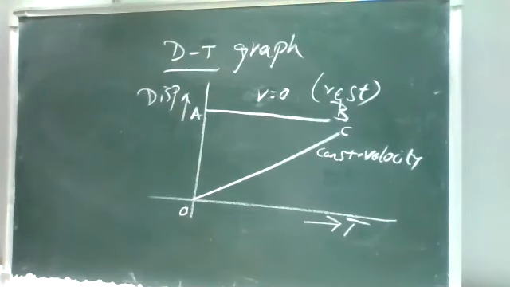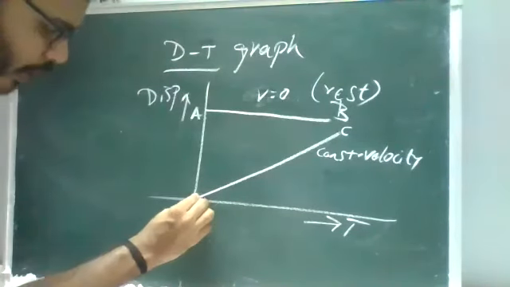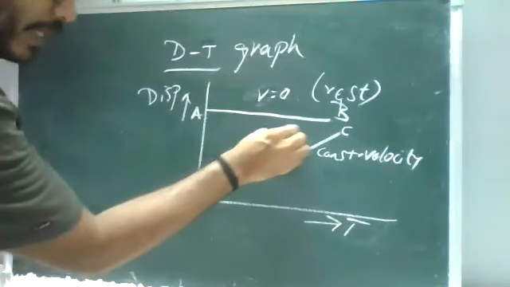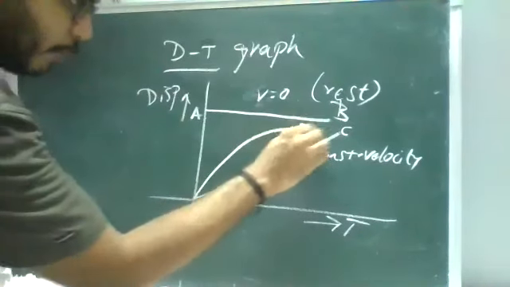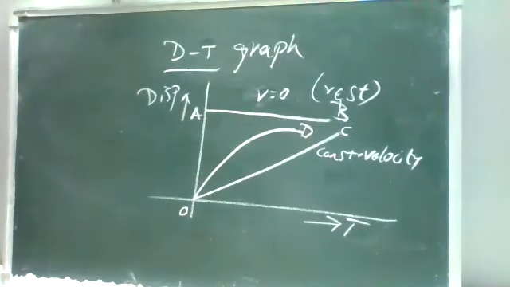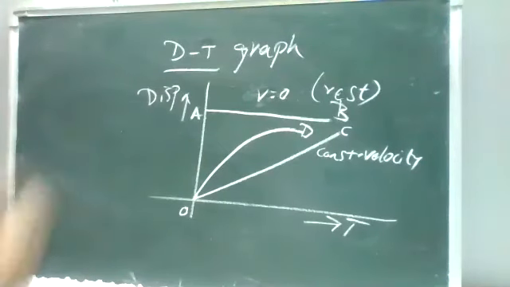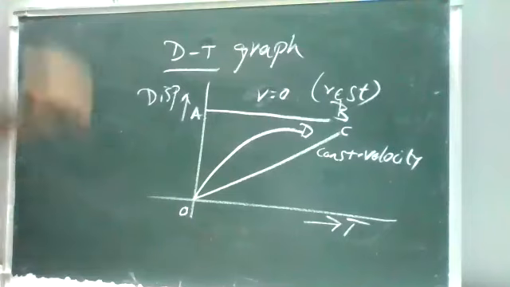Third case: if the graph obtained is a curve whose slope is decreasing with time, like O to D, then the velocity is decreasing.